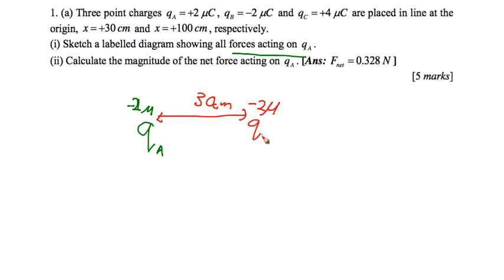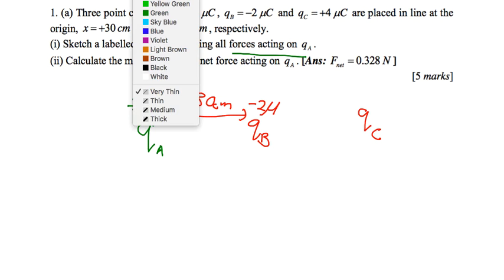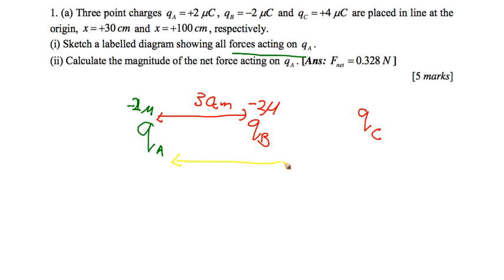This is QB and the QC is at 100 cm. So meaning the distance here is 100 minus 30, which is 70 cm. So the forces on the QA.